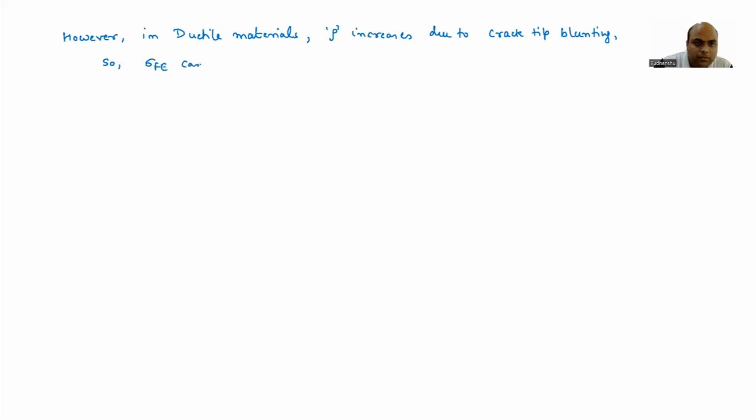However, in ductile materials, rho increases due to crack tip blunting. So sigma fe can't be used safely.